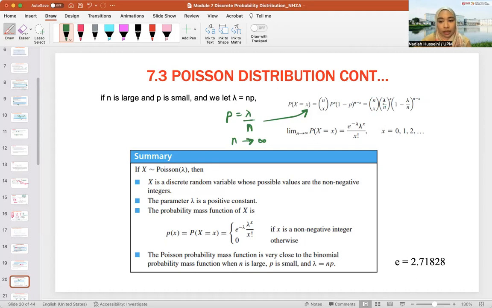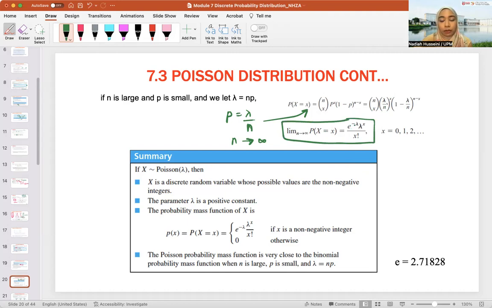Therefore, N is very large and P is very small, so this simplifies to this equation. The proof is in the textbook. I'm not going to go over it. It's quite lengthy, so let's just remember this equation, which is fairly simple.